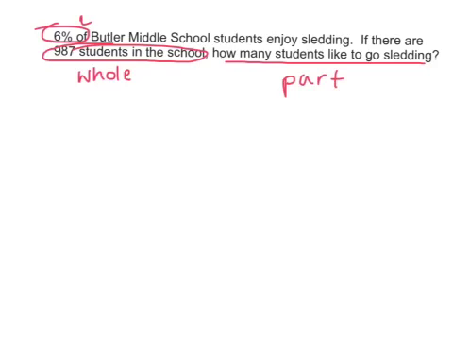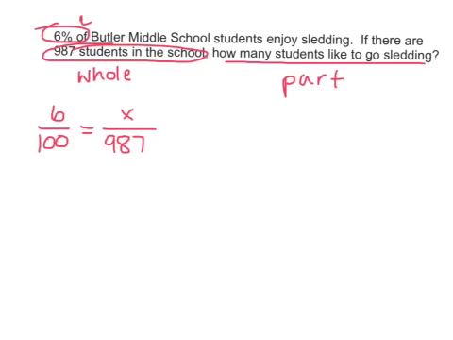So we're going to set up both the proportion and the equation and then solve one. Proportion, I like to start with the percent. 6% can be written as 6 over 100. And that equals my part, which is my unknown, over the whole of 987 students.